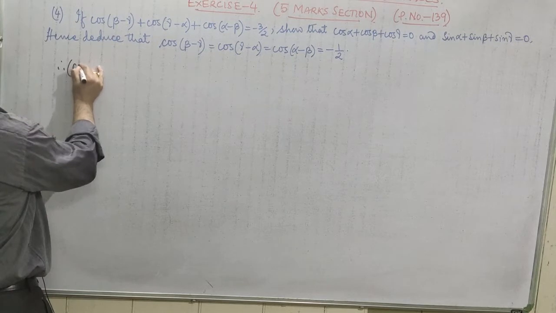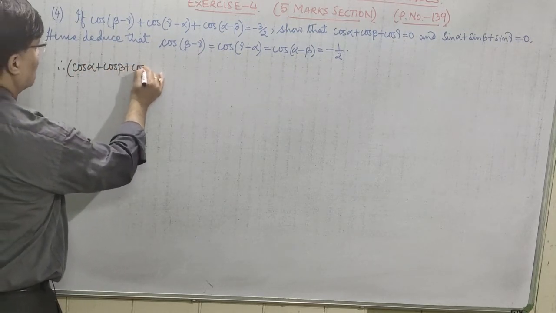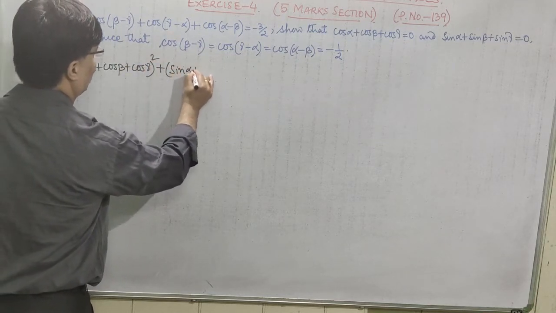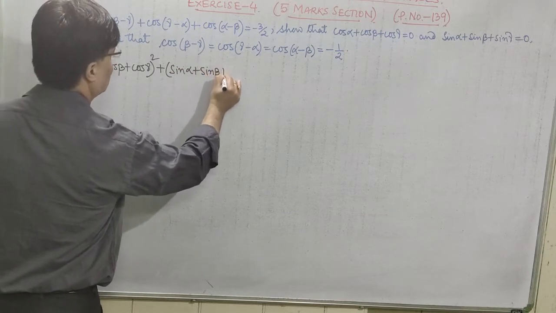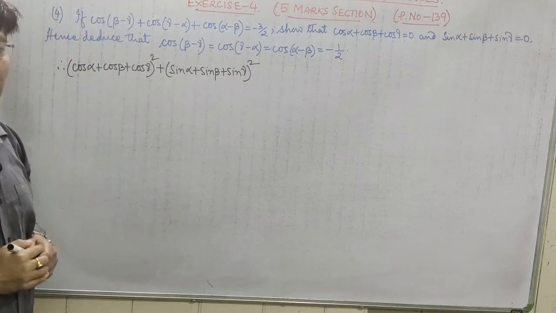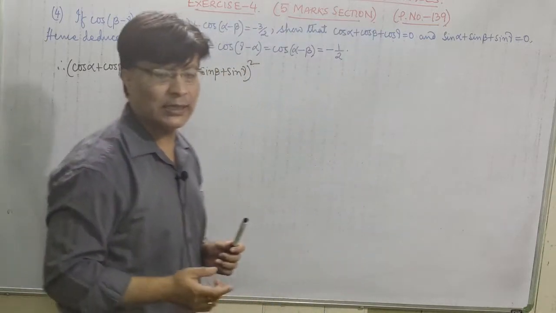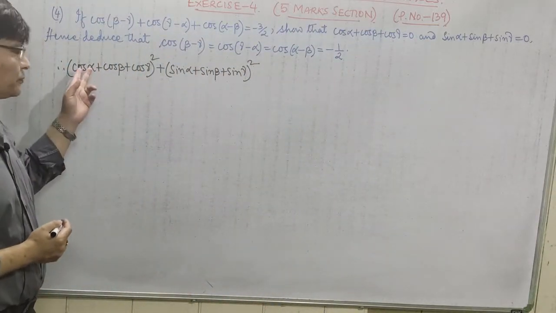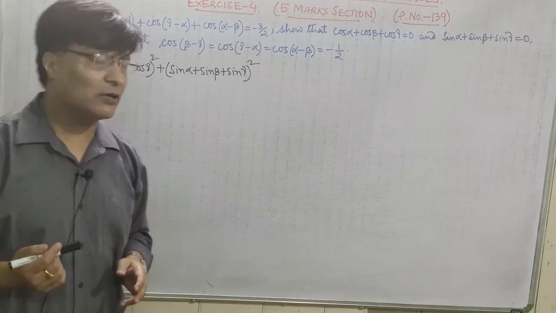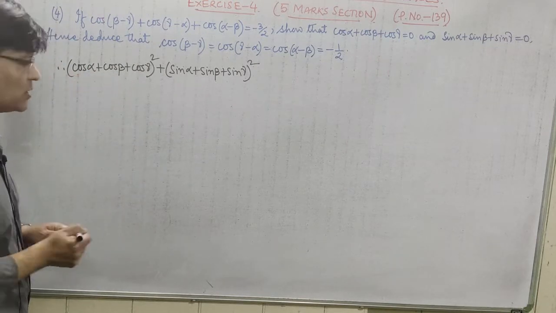That is (cos alpha plus cos beta plus cos gamma) whole square plus (sin alpha plus sin beta plus sin gamma) whole square. So let us find out its value first.